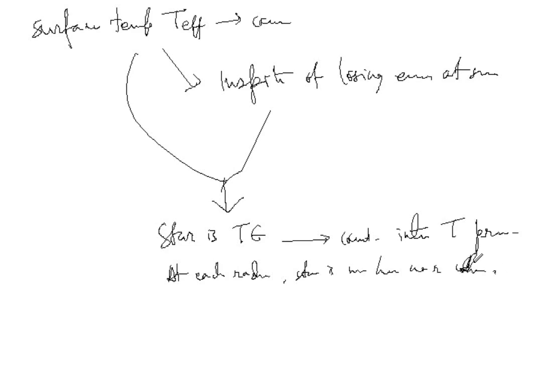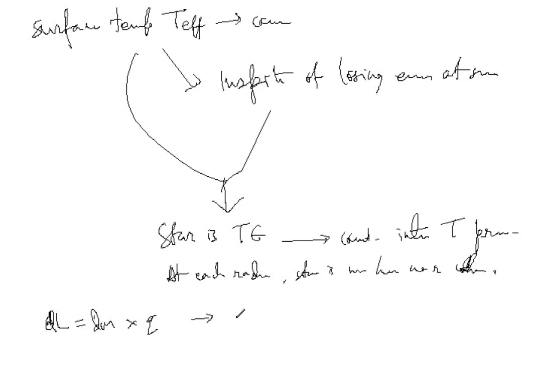Now let me write down luminosity. What will the luminosity of a mass pocket at a distance r from the center be? The luminosity from that mass pocket is basically the mass of the pocket times Q. What is Q? Q is the rate of energy generation per unit mass.